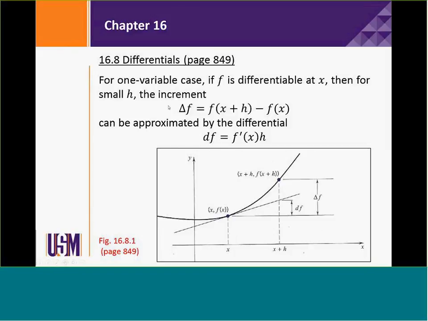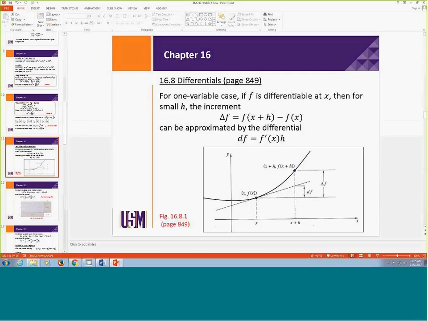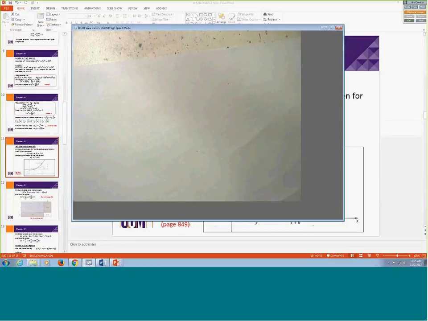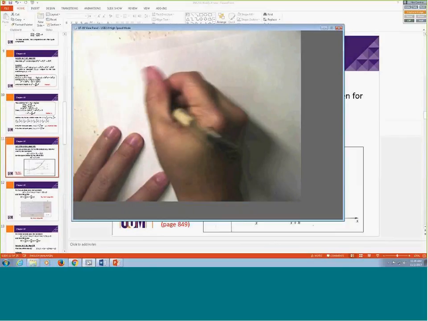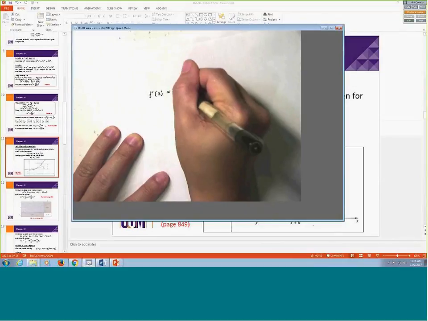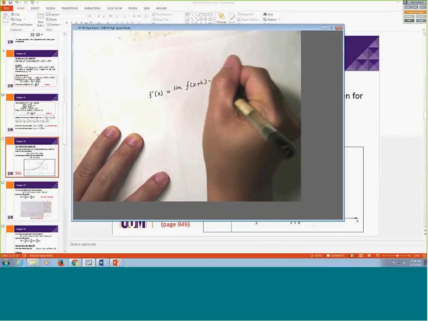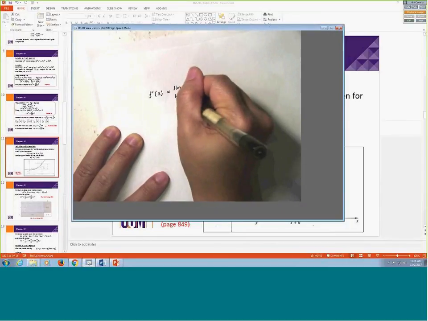The true increment is f(x+h) minus f(x), the delta f, but we can approximate the difference using calculus with this formula. In Calculus 101, we have the formula f prime x is the limit of (f(x+h) minus f(x)) over h as h approaches 0.